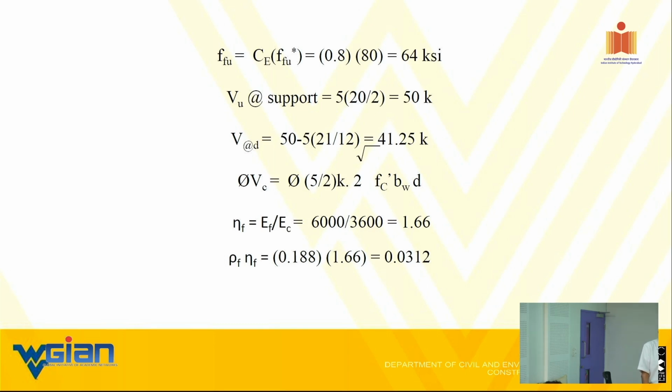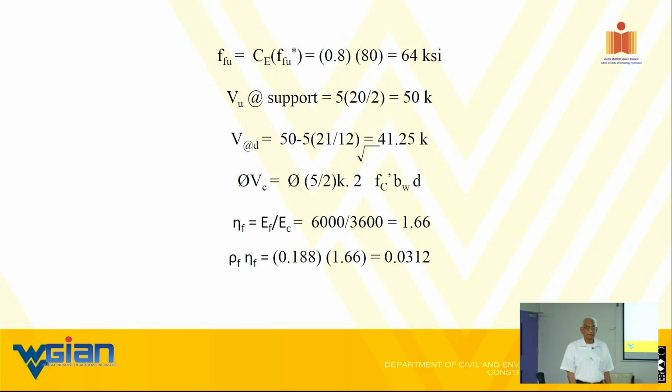That is, if you have any concentrated loads, any other special loads, or the loads are placed at the bottom of the beam as opposed to the top of the beam, then the critical section should be at the support, not at a distance D from the support.